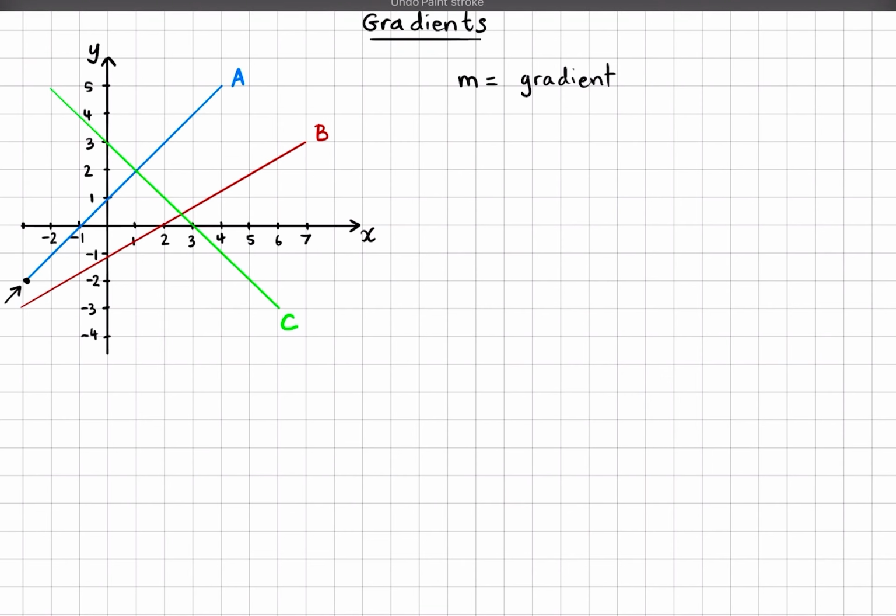So let's go back to the A line now, and find 2 points that are easy to read. I'm going to pick these 2 points here, and we want to draw a little right angle triangle that connects those points together, like this.